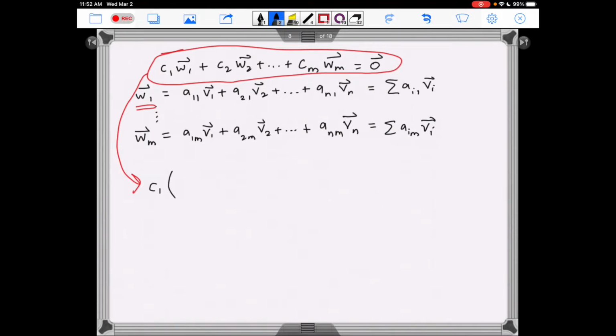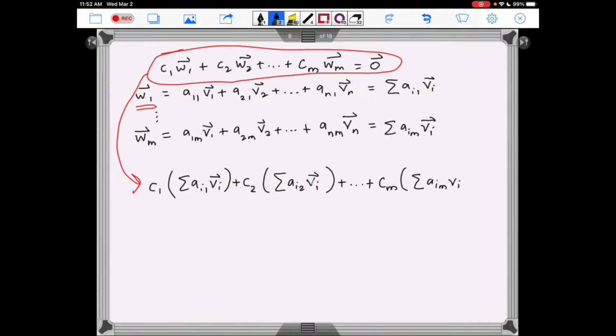C1 times AI1 VI plus C2 AI2 V2 all the way until CM AIM, sorry, that should, from before, that should say VI.